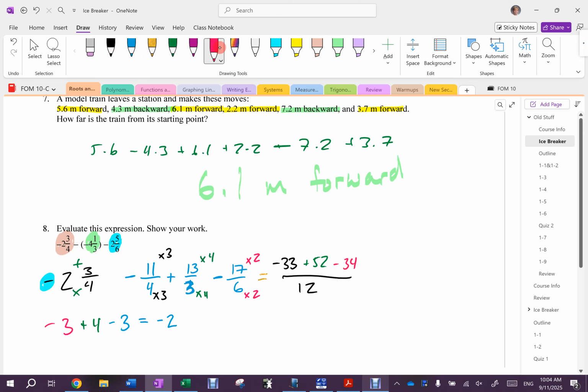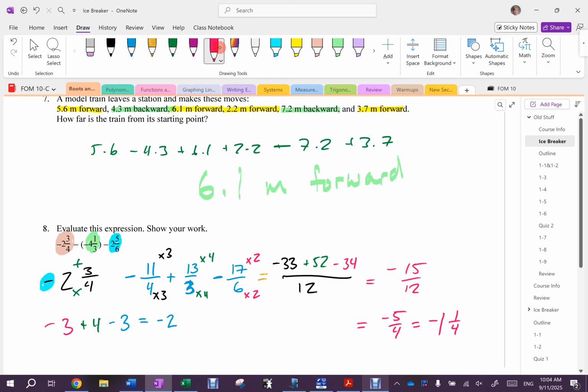Yes? And then 52 minus 33 minus 34 is negative, I believe it is 15/12, which is, of course, -5/4, which is, of course, -1 1/4.